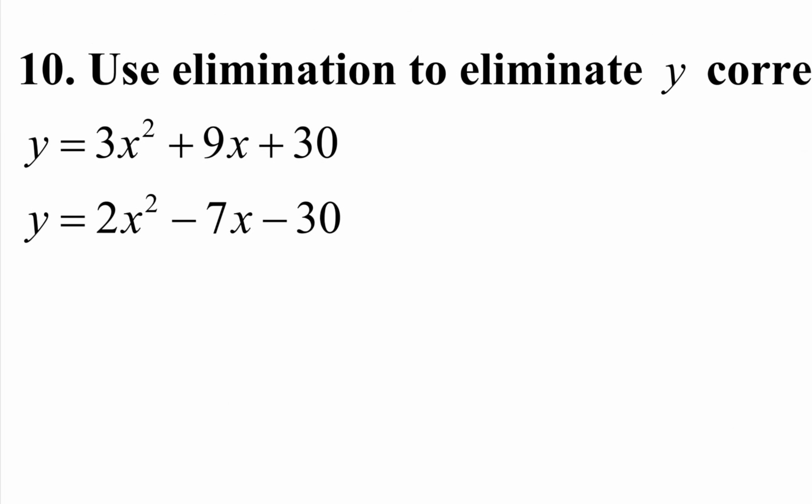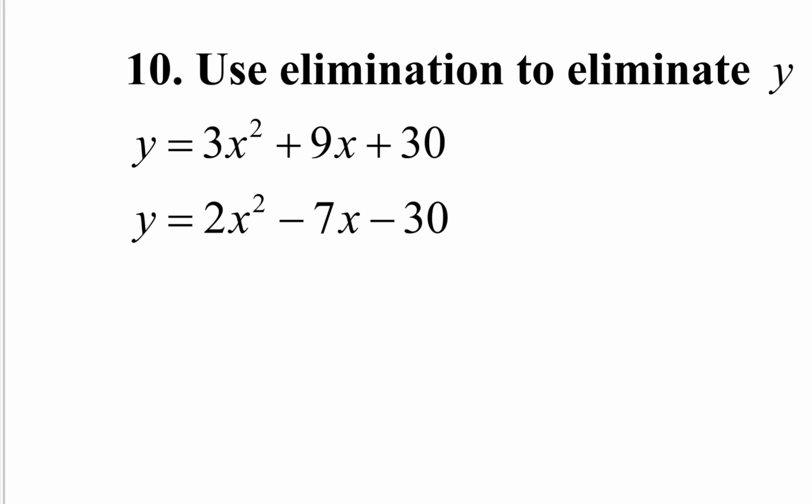Alright, so 10, I want to use elimination to eliminate y. So what do I do with that? Simple. I'm multiplying all of these by negative 1, or in other words, I flip all the signs on the equation with the lower x squared.